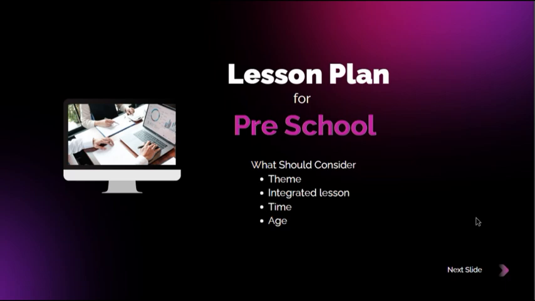In preschool there will be 2 or 3 classes: 3 to 4 years, and 4 to 5. If you are doing your teaching practice in preschool for the first time, it is better to choose 4 to 5 years of age, because smaller children are very hard to handle.